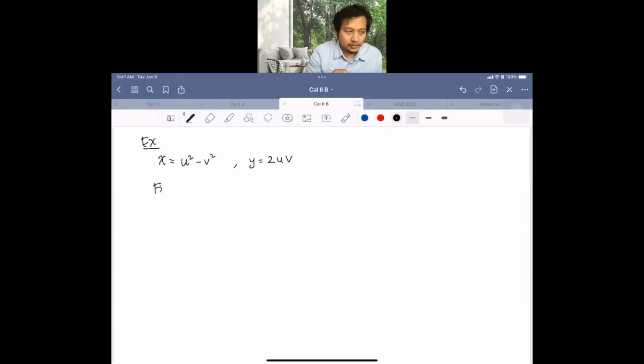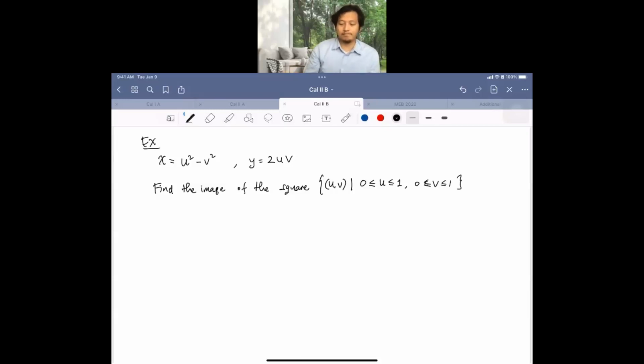And then find the image of the square in the uv plane, from (0,0), (1,0), (0,1), (1,1).